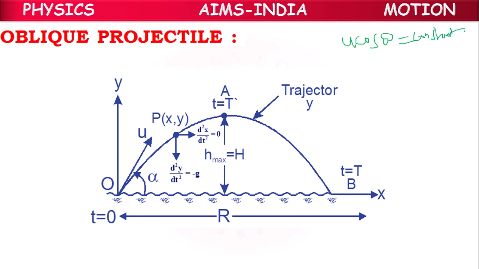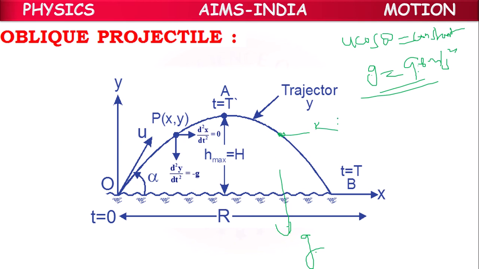That is one constant. Throughout its journey it is acted on by the acceleration due to gravity g, which is 9.8 meters per second square at this place, and this is also a constant. And one more thing: at any point it has kinetic energy and potential energy.